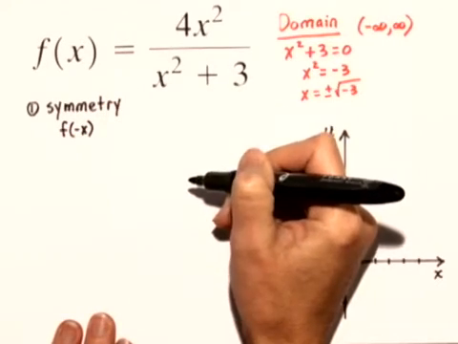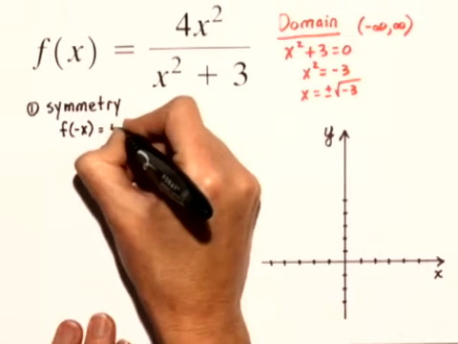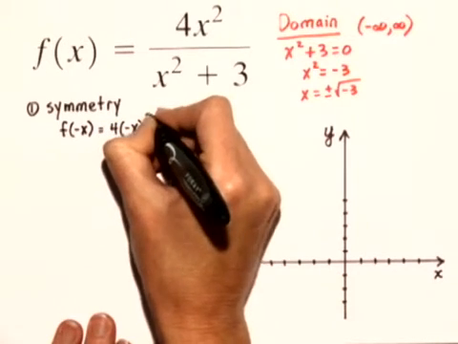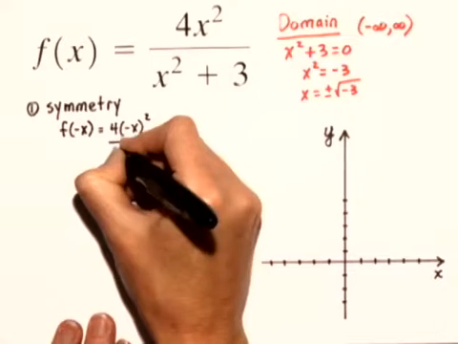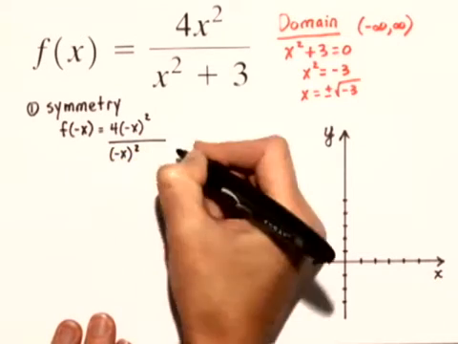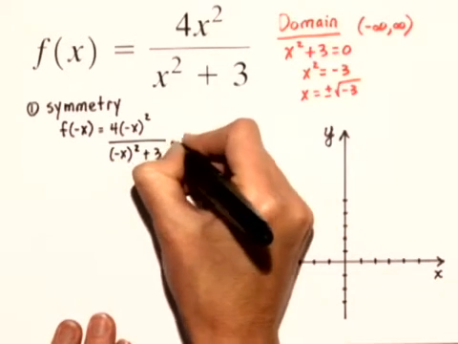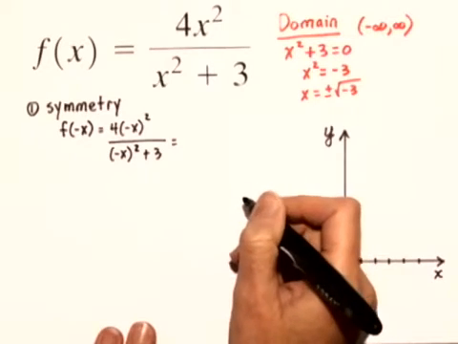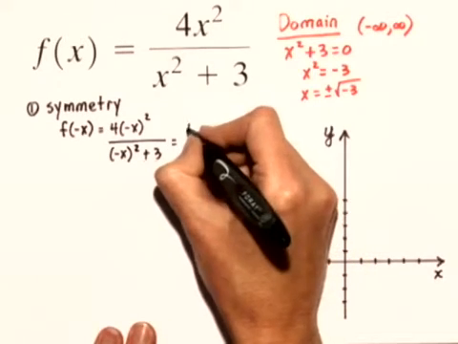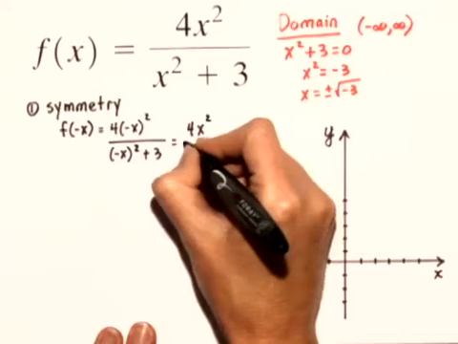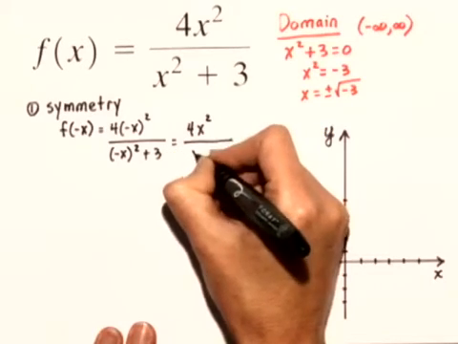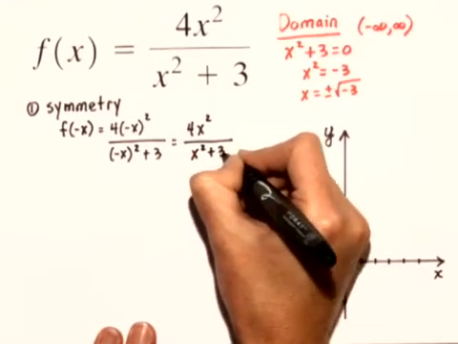to f of x. Well, f of negative x is 4 times negative x quantity squared over negative x quantity squared plus 3. Well, let's simplify. The numerator just becomes 4x squared, and the denominator becomes x squared plus 3.